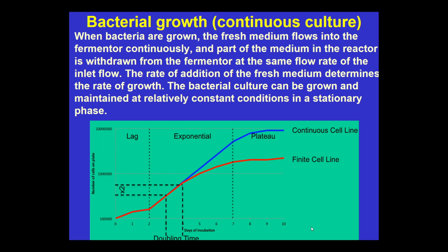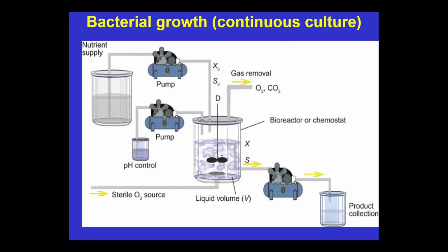Then the rate of addition of the fresh medium determines the rate of growth. The bacterial culture can be grown and maintained at relatively constant conditions in the stationary phase, and in fact, this plateau stationary phase may last for a very long while. Not really forever, as you understand, but for a very long while.